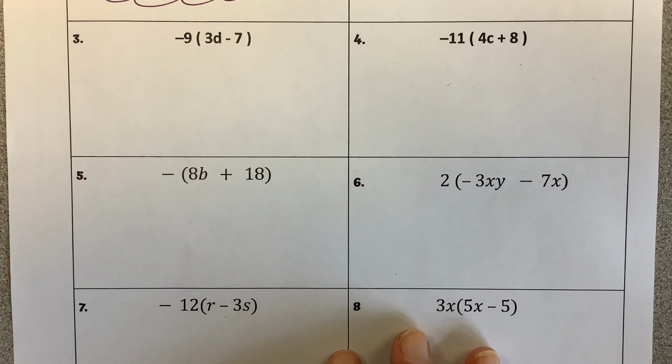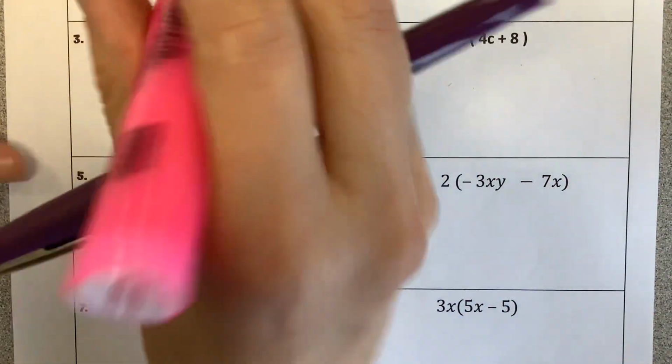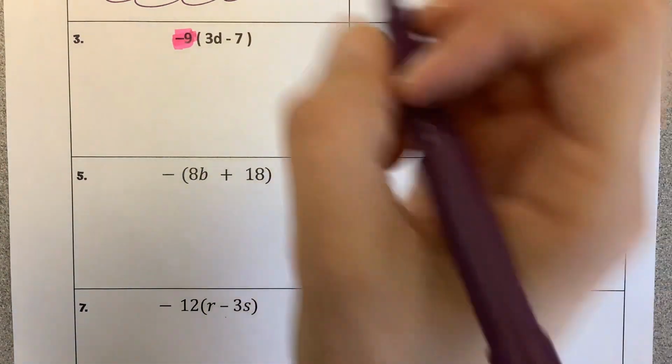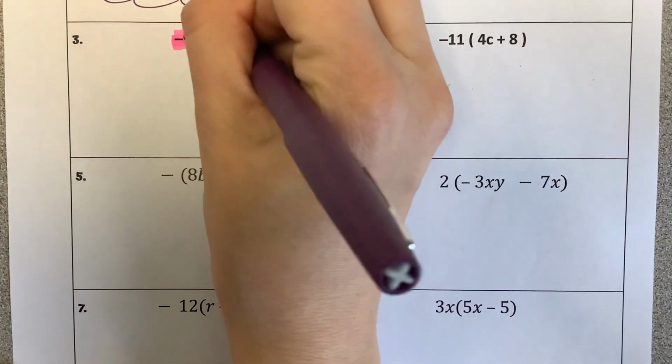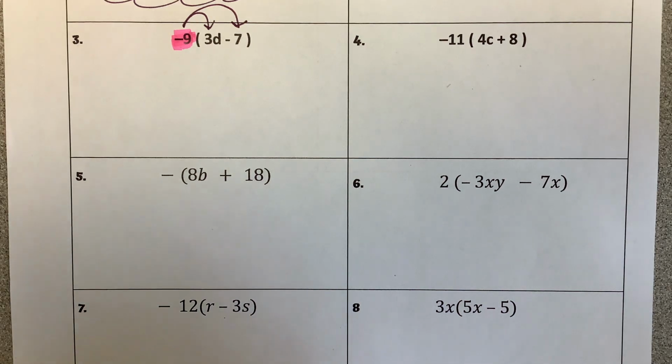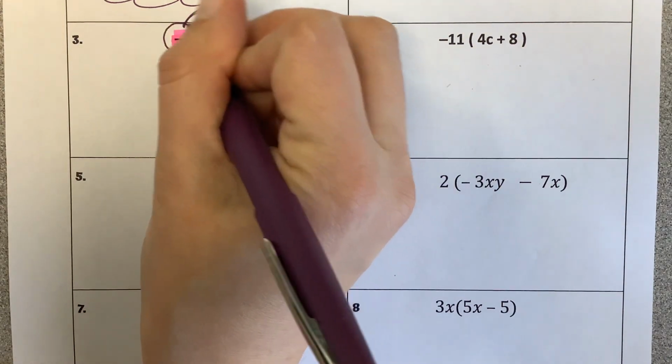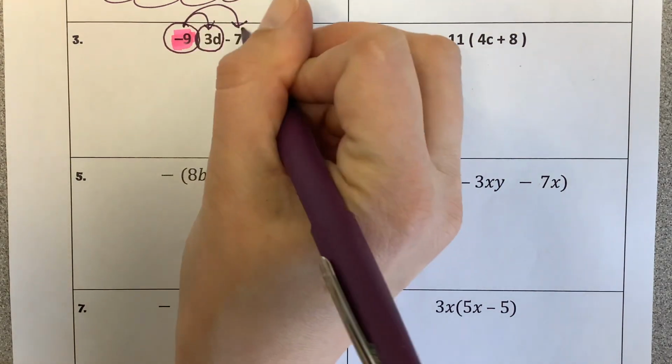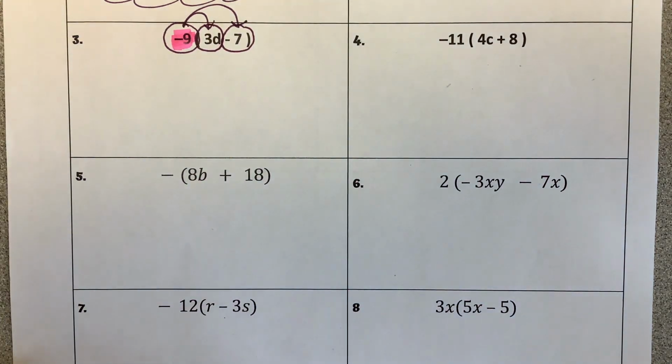Okay, number 3. The number on the outside we are distributing is -9, and we have to be really careful with that. When I am distributing here, I'm just going to circle. This is -9. This is positive 3d. This is -7.